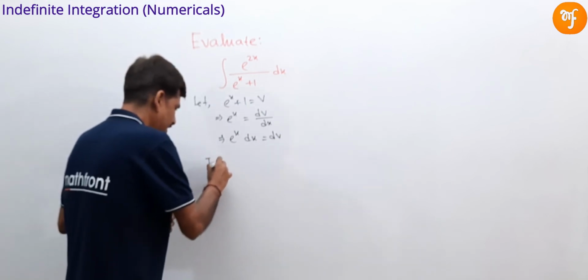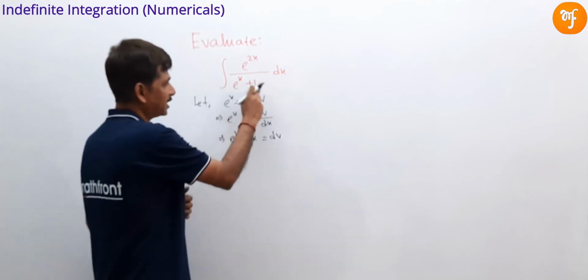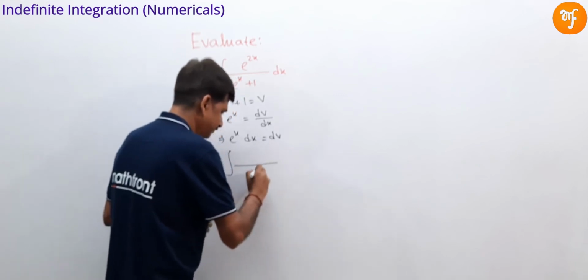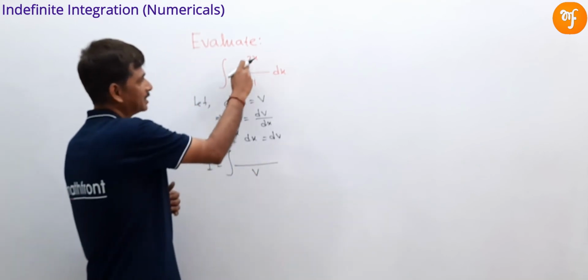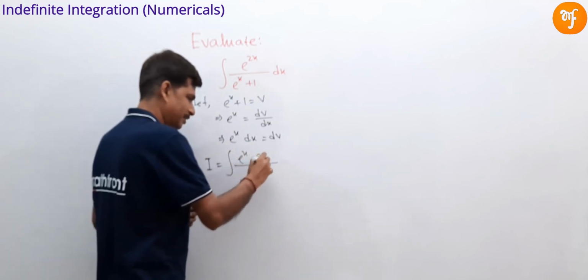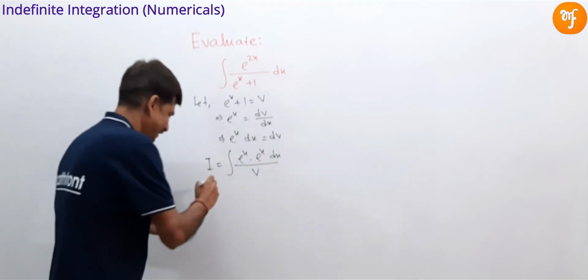So, the integration I can be written as the integration with the denominator e to the power x plus 1, just written as v. And this e to the power 2x dx can be written as e to the power x into e to the power x into dx. Okay.